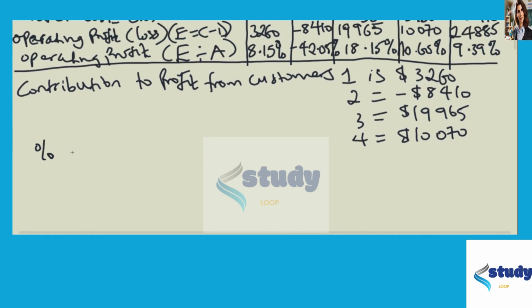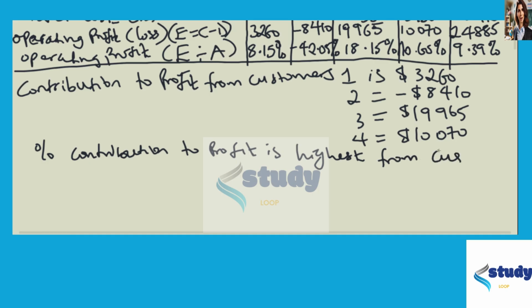So we can say that the percentage contribution to profit is highest from customer 3, while it is lowest from customer 2 because it's negative.